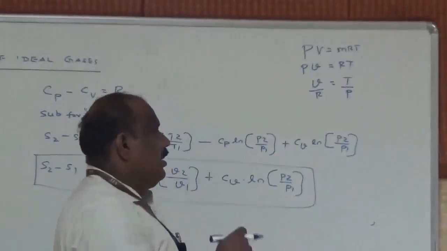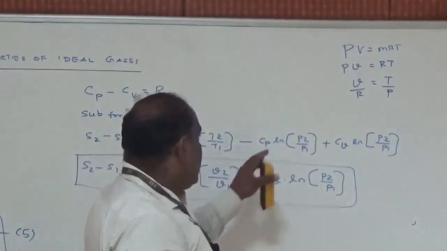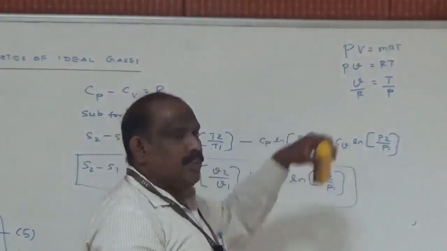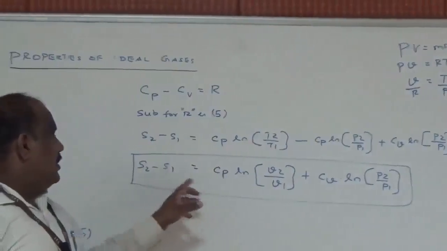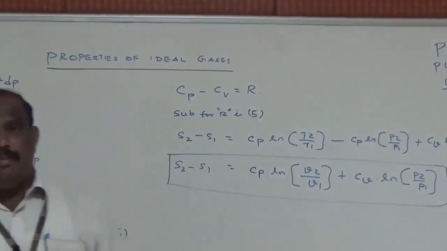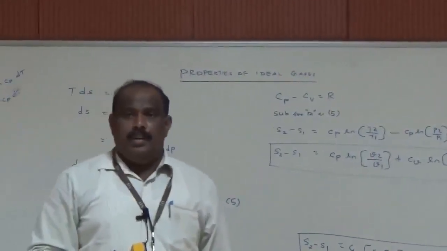So T1 by P1 will become v1 by R. When I take T2 by P2 divided by T1 by P1, I will end up with v2 by v1. So this equation will be S2 minus S1 equal to Cp into ln of v2 by v1 plus Cv into ln of P2 by P1.